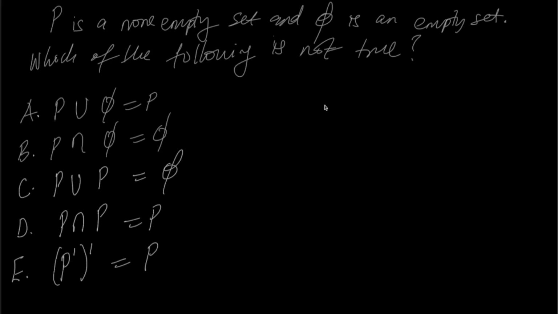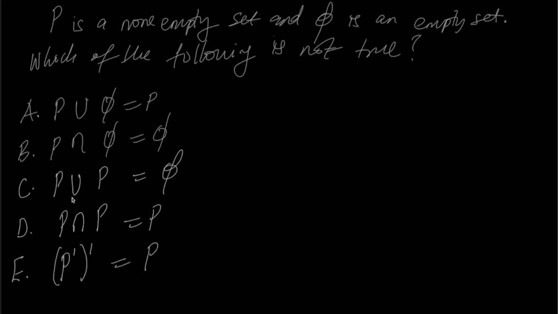At the end of the day, you will end up with elements of P because this guy will never provide you any element. That is correct. P intersect null set or empty set, that is empty, of course, because in B we are saying what are the elements in P that you also find in null set? None. There's no intersect between them. They are totally what? Disjoint.